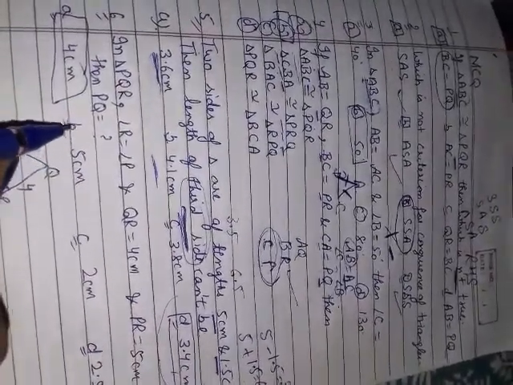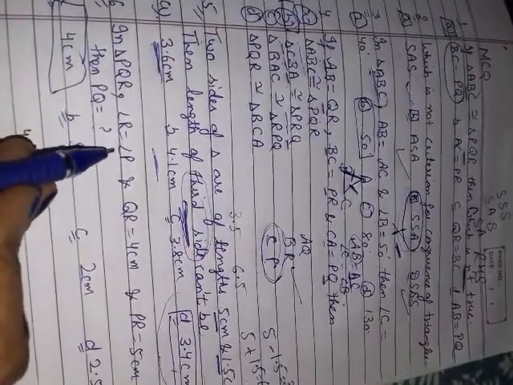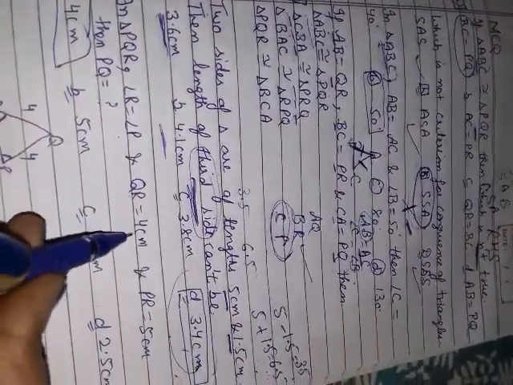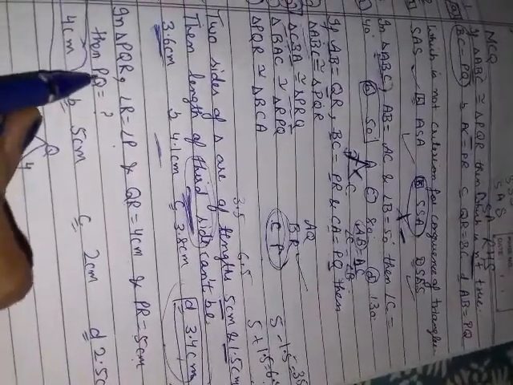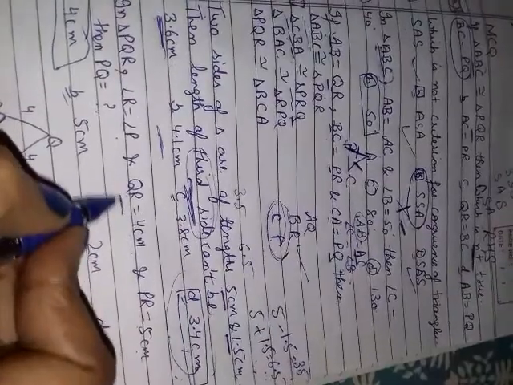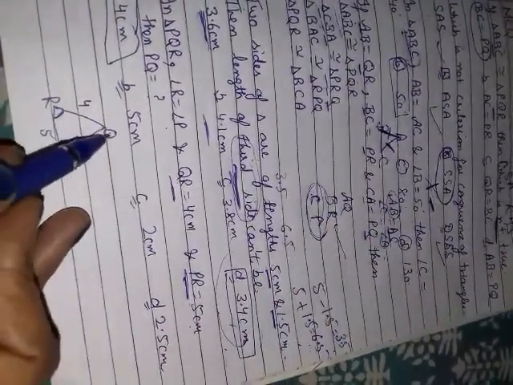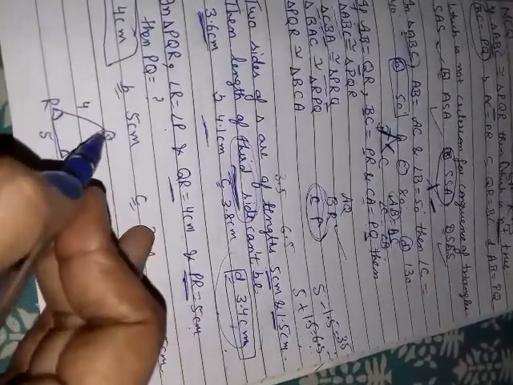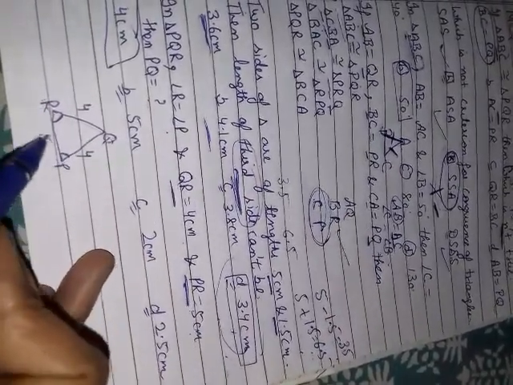Next one is, in triangle PQR, angle R is equal to angle P, QR is equal to 4 cm, PR is 5 cm, then what is PQ? Now you know two sides are given, QR and PR. QR you have taken 4 and PR you have taken 5.